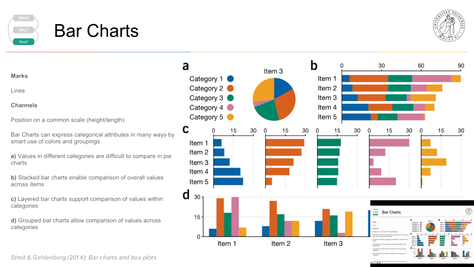But you can also use coloring and groupings in some different ways to express categorical attributes. I'm not going to go into too much detail on this here, but I can recommend this paper if you're interested in this. It's a one-page paper, so it's quick to read. It's very informative.